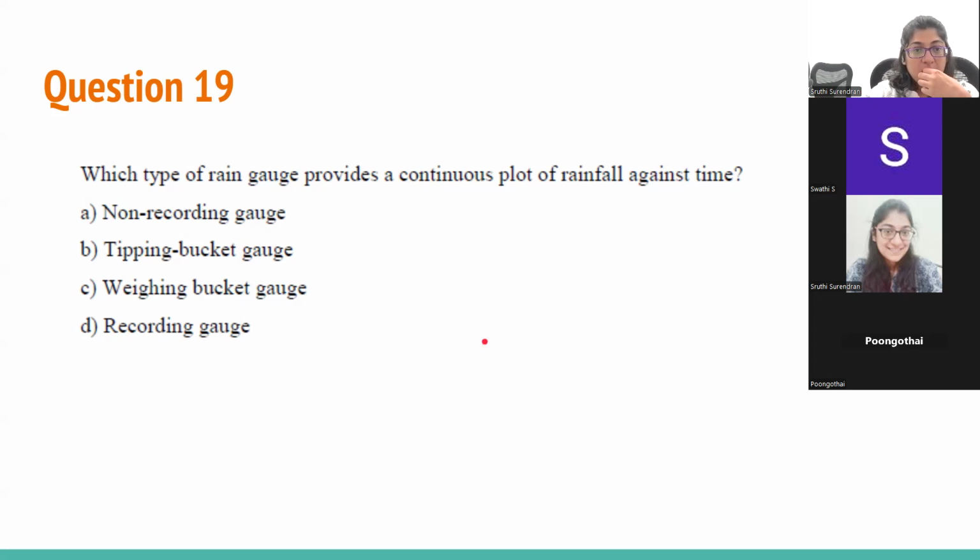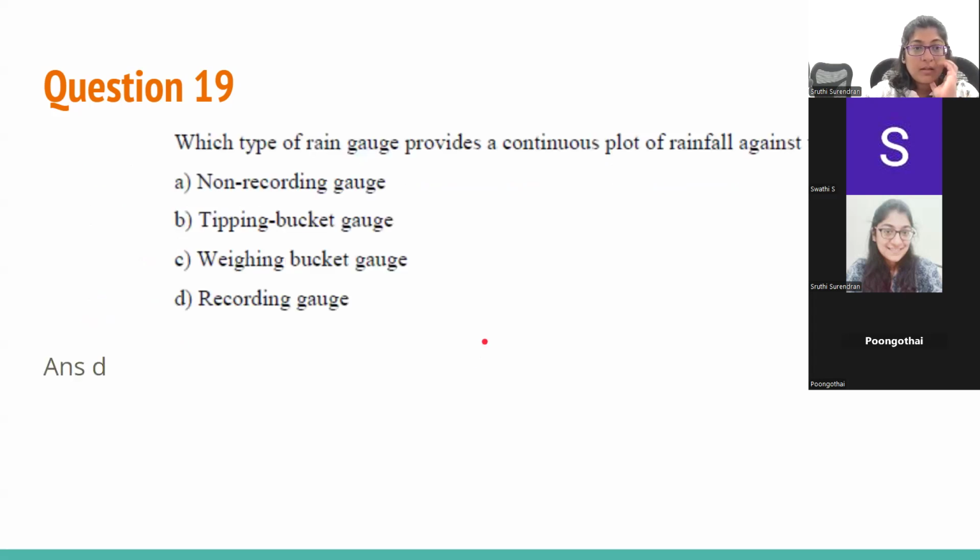Okay, so the correct answer is answer D. You might wonder about tipping bucket and weighing bucket, what is the difference? Both of these are recording gauges. So all types of recording gauges give us a continuous plot of rainfall against time. The only one that does not is the non-recording gauge. So that is why it's option D, because all of the recording gauges give a continuous plot against time, not just the tipping bucket or weighing bucket.